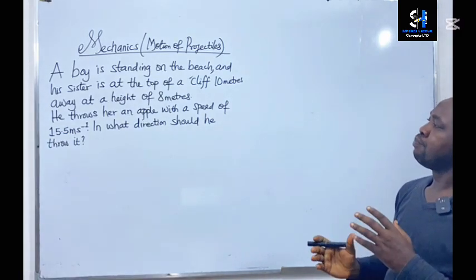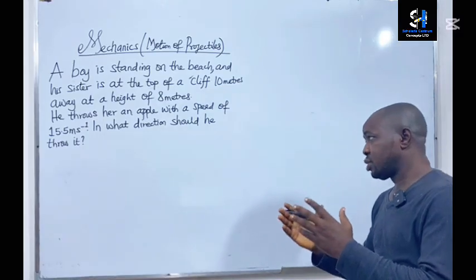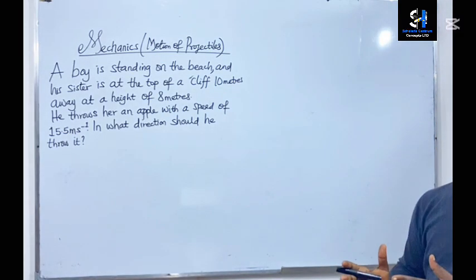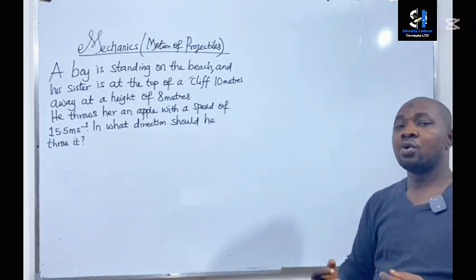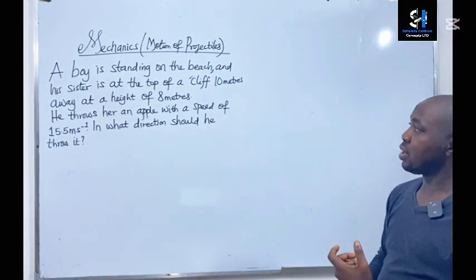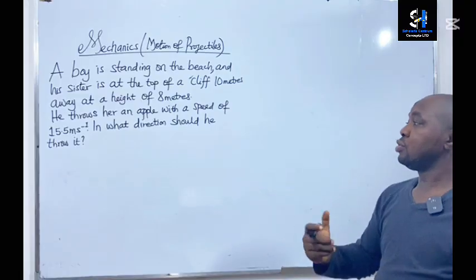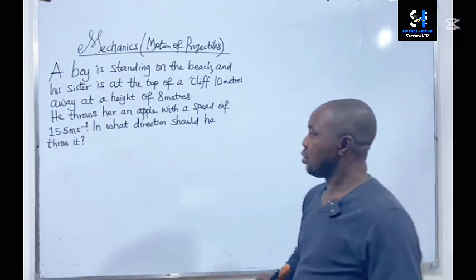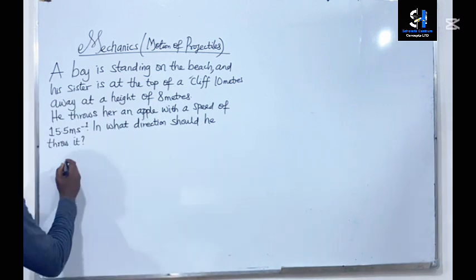With the way the question is given, we can start by using what we call a coordinate system to define the position of the boy and that of the sister. Let's see how that works out.